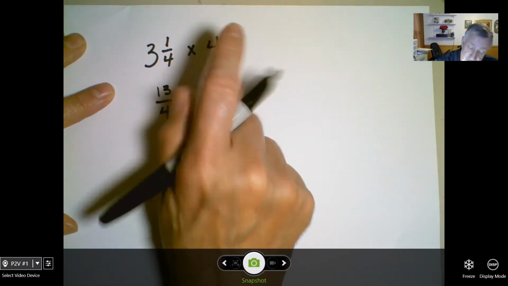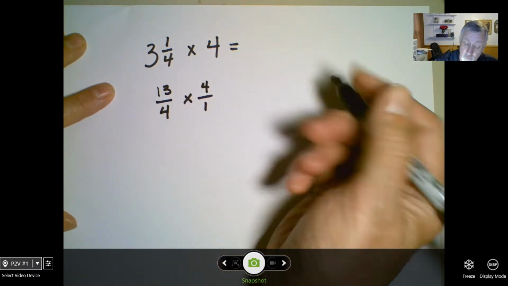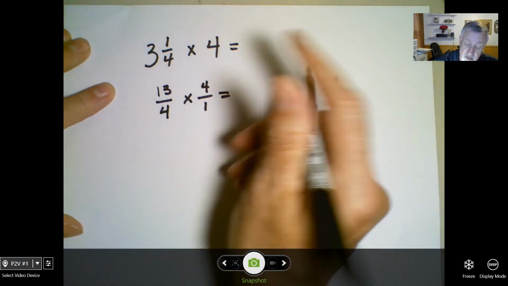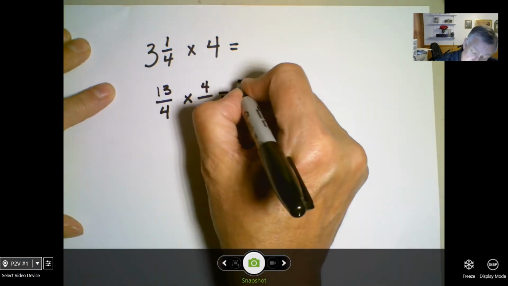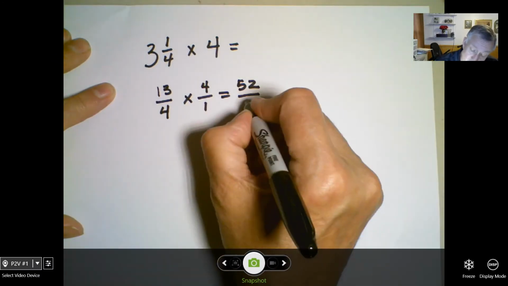A whole number is simply the whole number over 1, 4 whole units. Now we can multiply across. 13 times 4 is 52. And 4 times 1 is 4.